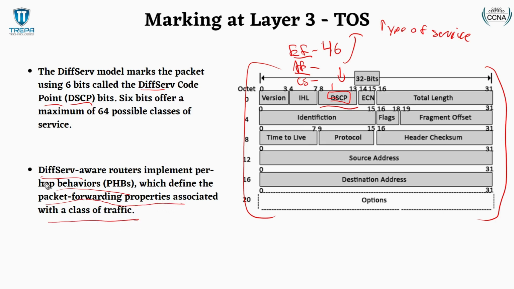A fancy way to say, depending on how this DSCP bit is ranking, whether it's higher or lower, that's how we're going to classify traffic and then choose to queue and police that traffic based on the marking we gave it.